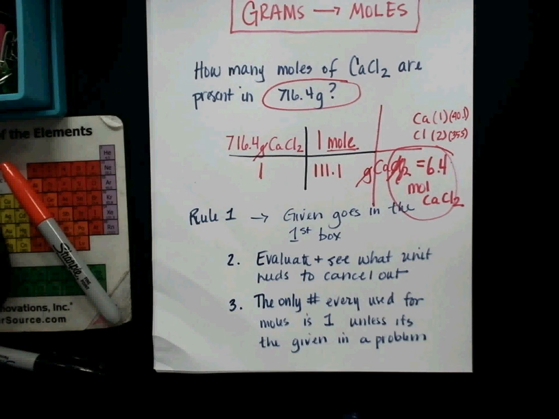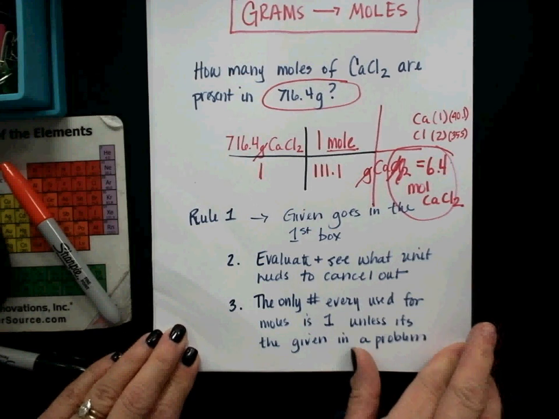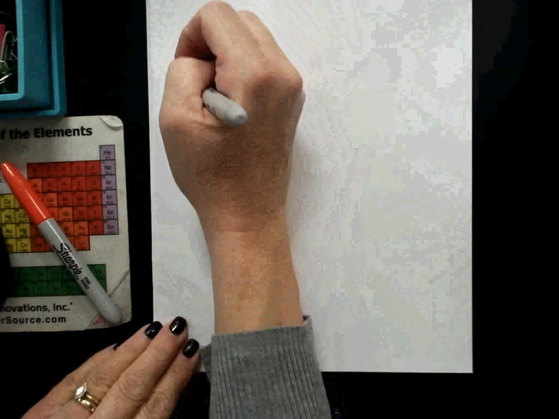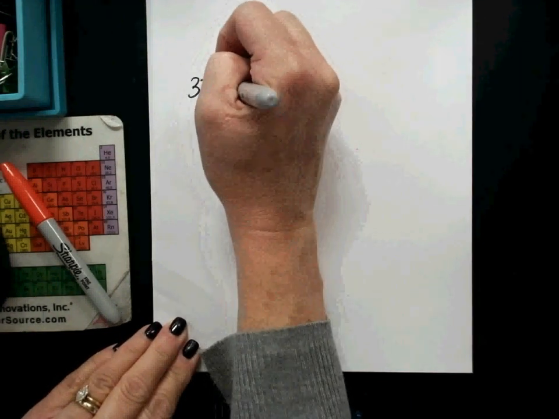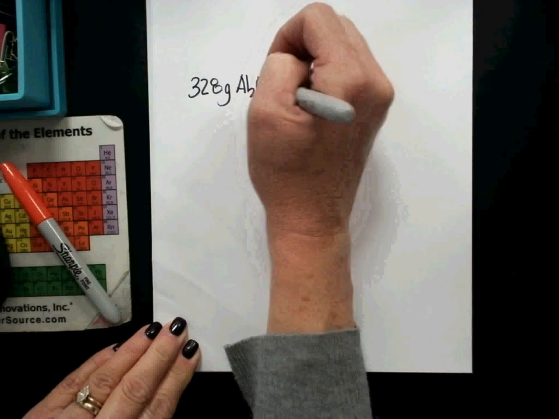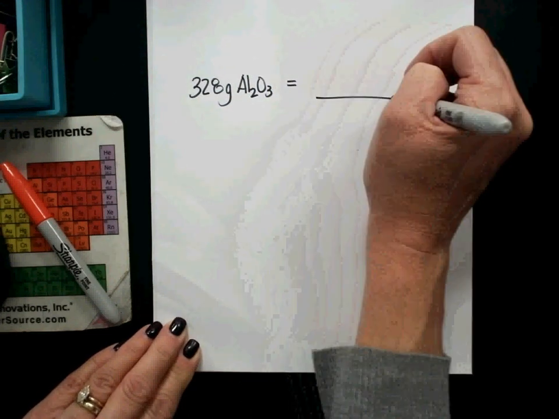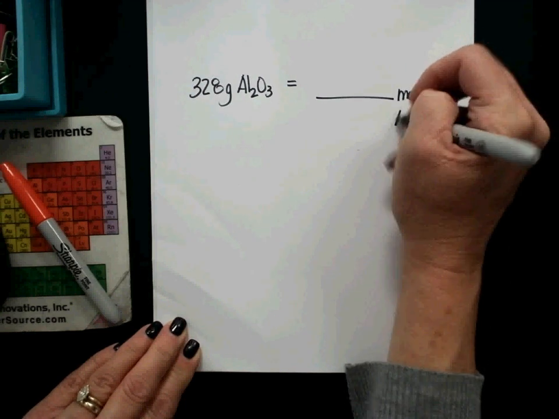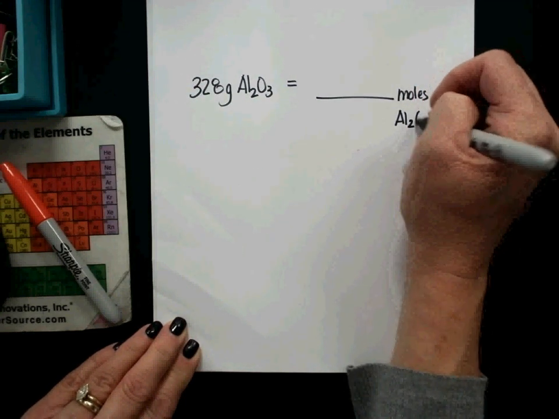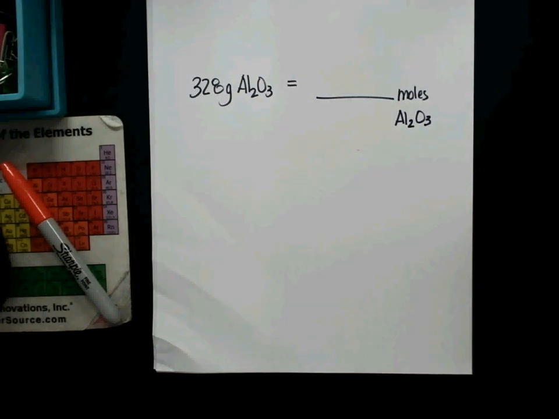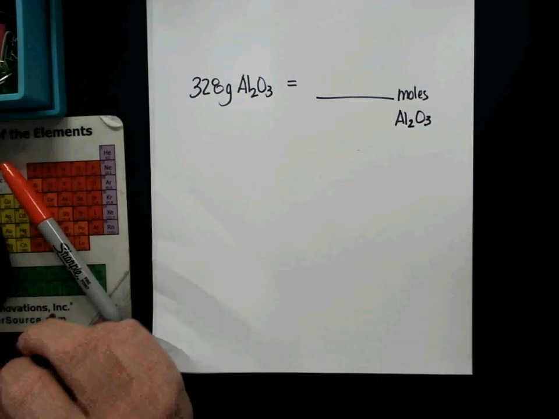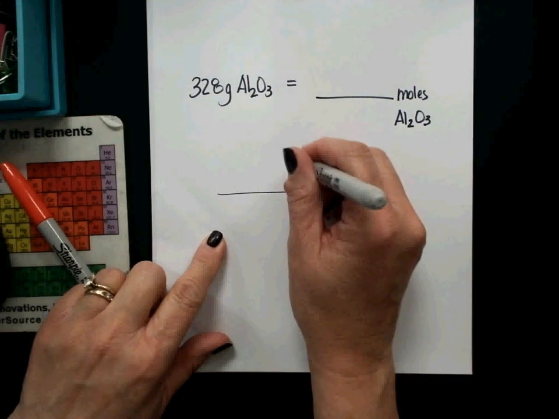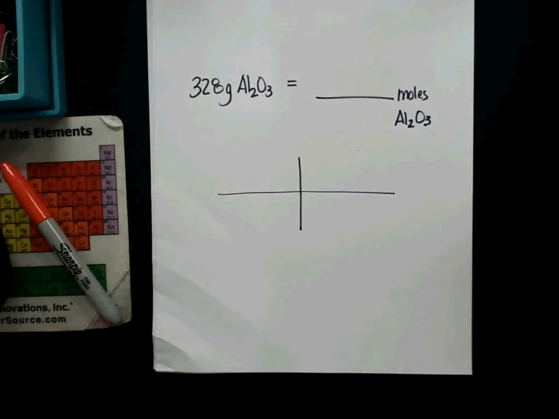See if you can look through it. Okay, I'm going to set this one up even simpler. Are you ready? Let's go. 328 grams of aluminum oxide equals how many moles? Aluminum oxide. Now I'm going to let you try to set it up. 2-step, obviously. And then I'm going to try to let you go from there. Use the model we just did.